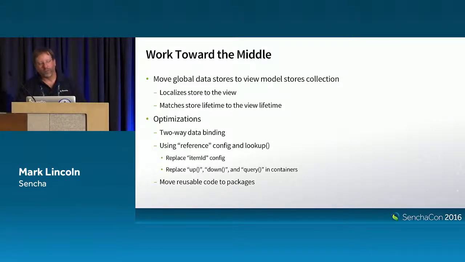The other thing we want to do is look at getting rid of the common use of up, down, and query in containers. They're no longer needed. The problem with using up, down, and query is, again, they're based on selectors. They use the component query class. If you use reference, it will be faster to do a lookup for a reference than it will be to use up, down, and query.